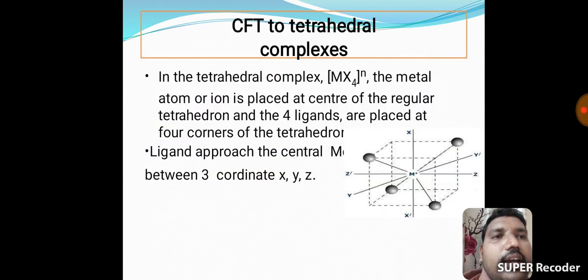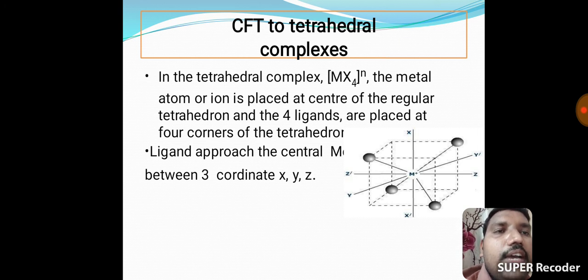MX4 is nothing but: M is the central metal atom, X is the ligand. The ligands are attached to the central metal atom at four corners. In tetrahedral geometry, there are 4 corners.